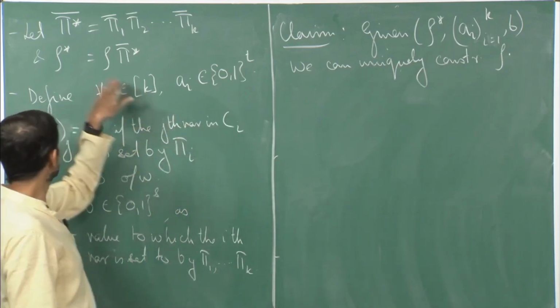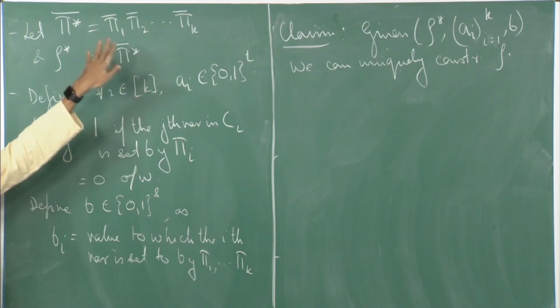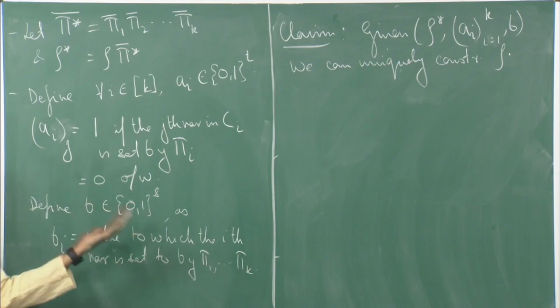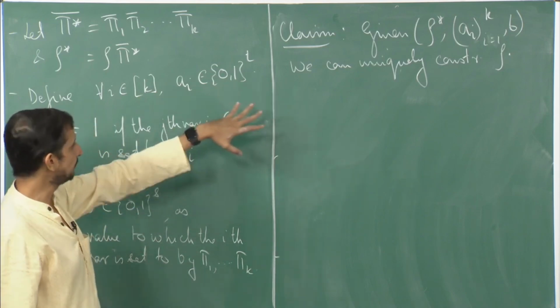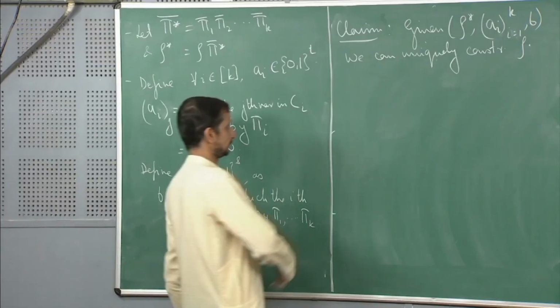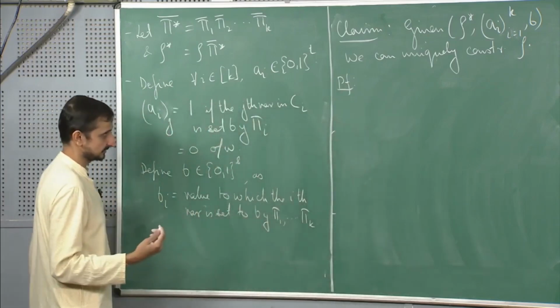If I am given this rho star, that is rho pi star bar, and these strings a_i's and b, then I can uniquely construct my function rho, and not just rho, we will show that we can actually get all of these pi i's and pi i bars as well from this. This proof is actually easy, it follows by our construction.